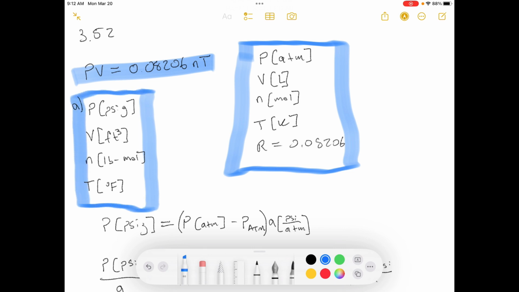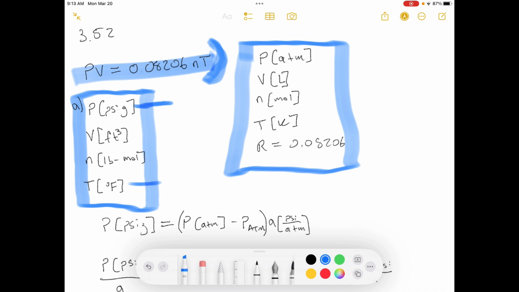This is a little bit tricky because psi gauge is not an absolute pressure, and temperature in Fahrenheit is not an absolute temperature scale like Kelvin and Rankine. So our equation will look a little different. It won't look as nice as this equation here, but we'll go from there.